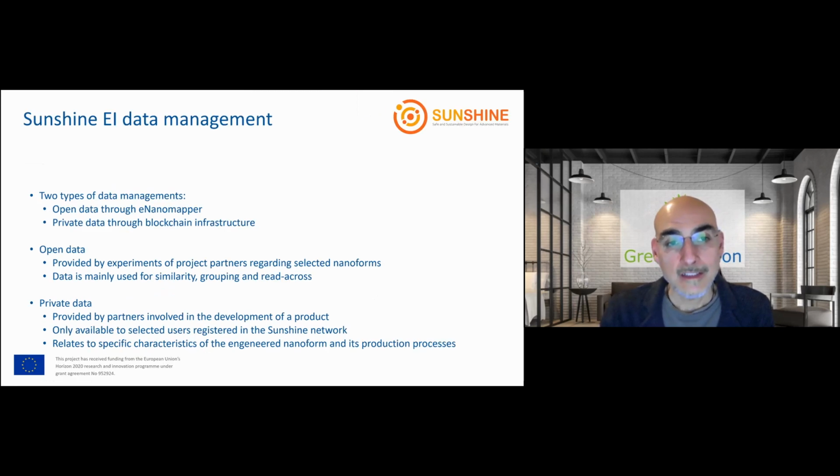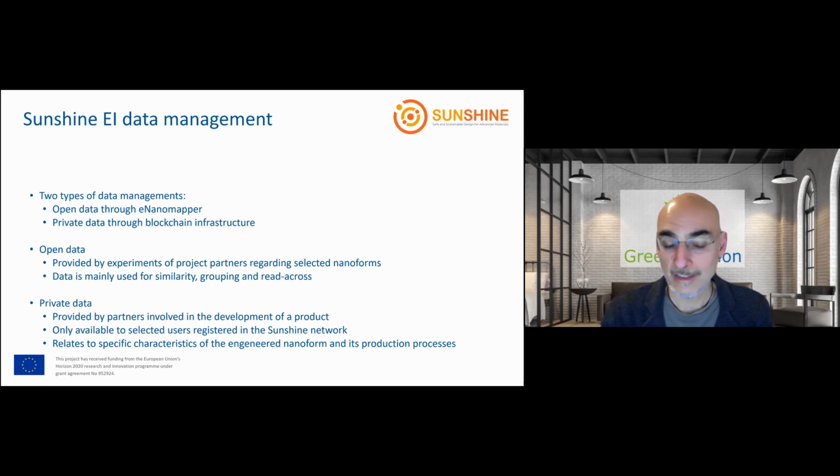So data is the key part of the tool. There are basically two types of data management here. One is open data, which is collected through Nanomapper and goes to the Sunshine database. The other one is the private data, which is managed by a blockchain infrastructure.